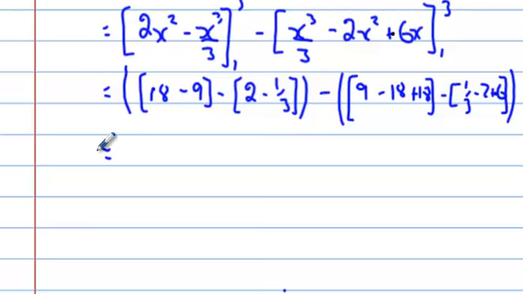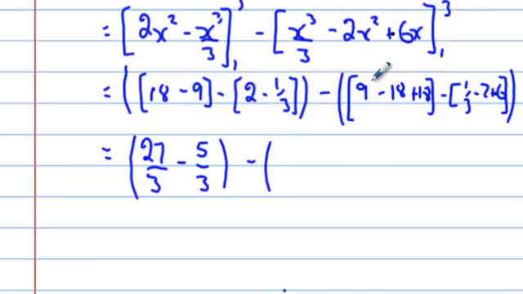Doing a bit of tidying up with the fractions, making them over a common denominator, I get 27 over 3 minus 5 over 3. That's having simplified each of these.